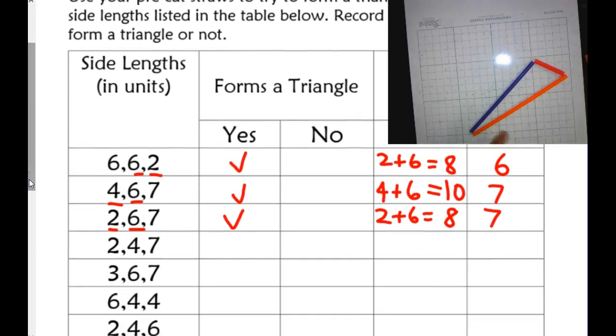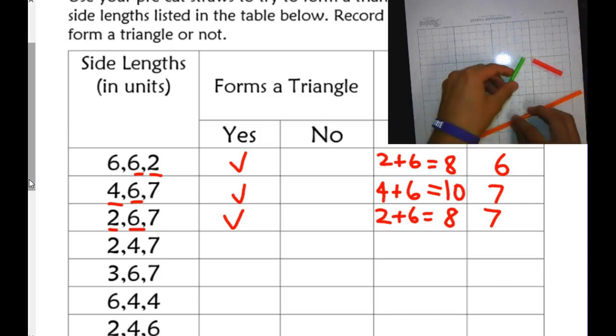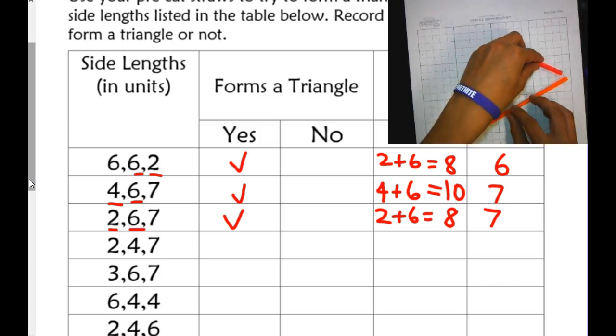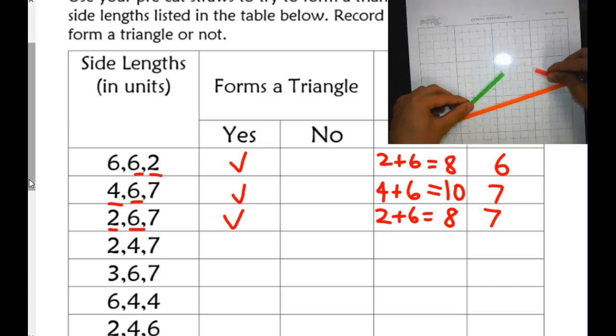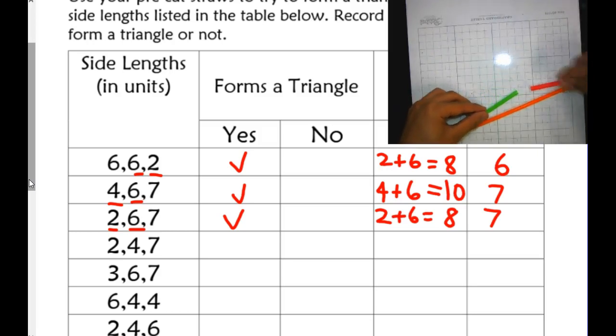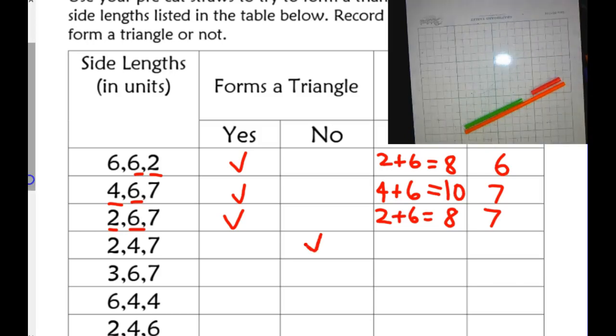All right, 2, 4, and 7. So we got red, green, and orange. And if you rotate those down, make them flat, kind of flatten them out, you can see that they will never touch. If you flatten them all the way out, yeah, see, they just don't touch. So those are not going to make a triangle, okay? So we're going to add up small sides. 2 plus 4 equals 6.